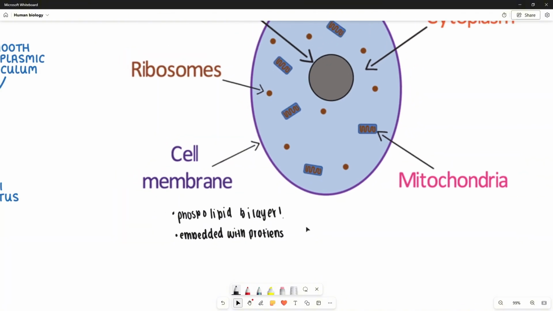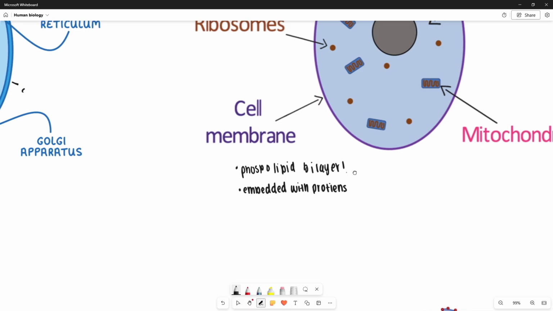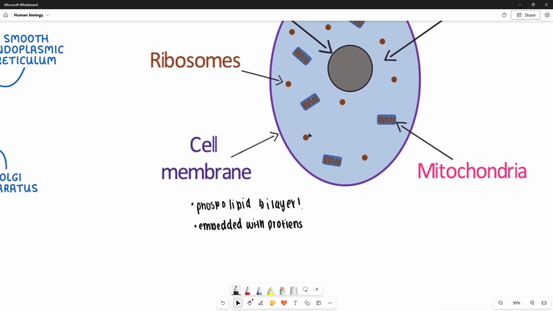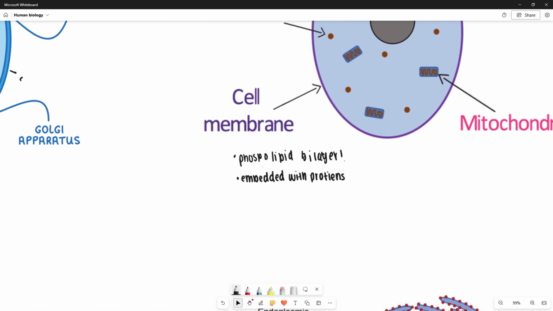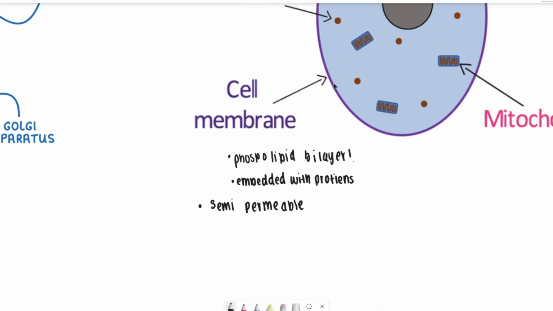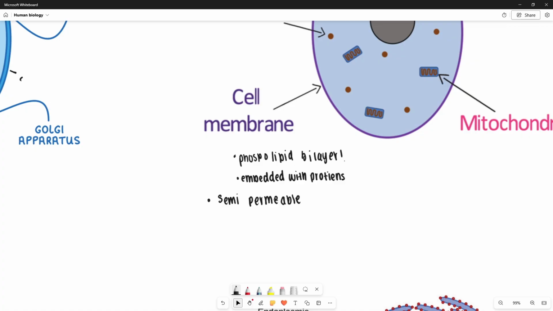I'll go over the biology of the phospholipid bilayer another day, but that's basically a very important thing you need to know. Now, the function of the cell membrane is to let certain things in and out. That's why we call the cell membrane semi-permeable. So let's write down that the cell membrane is a semi-permeable membrane.